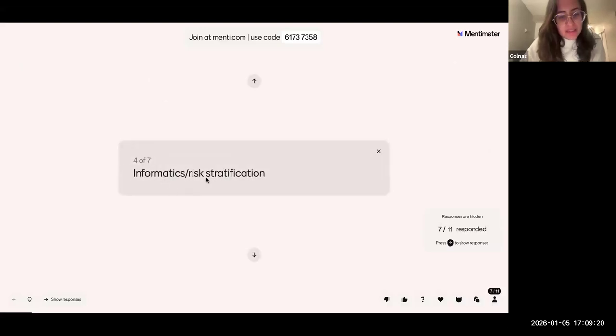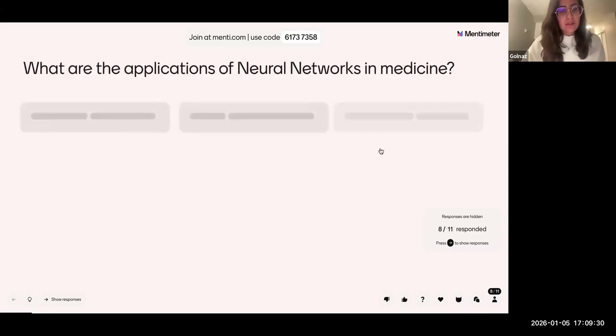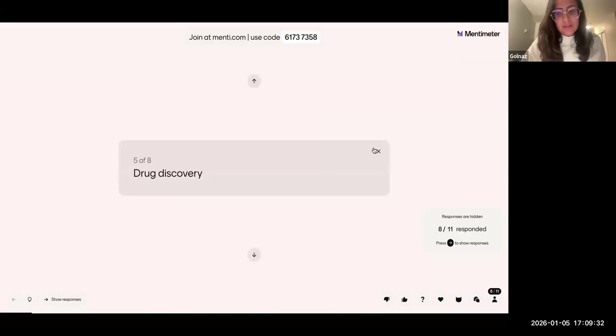Informatics, risk stratification. Yes. So that information can help you to prioritize your choices. Drug discovery, diagnostics in radiology. Complex patterns between variables. That's basically a good definition of machine learning in general.